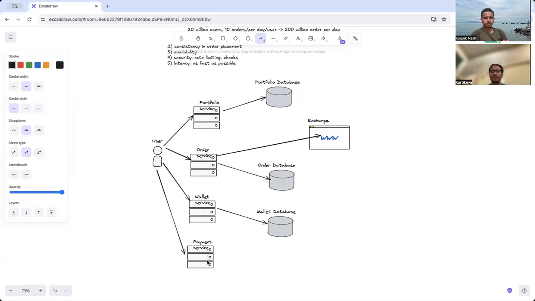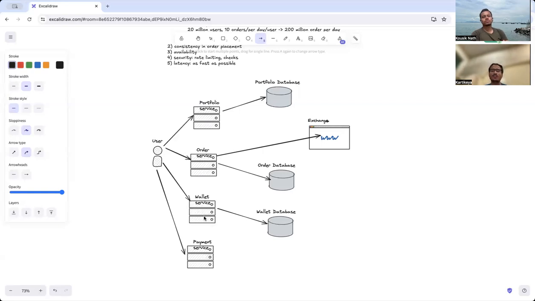Maybe the SDK is initialized, and then the whole flow completes on the payment gateway's end. Then the payment gateway sends a response to the payment service that the transaction has completed for this particular idempotency key. Then the payment service will call the wallet service to add the money into the wallet.